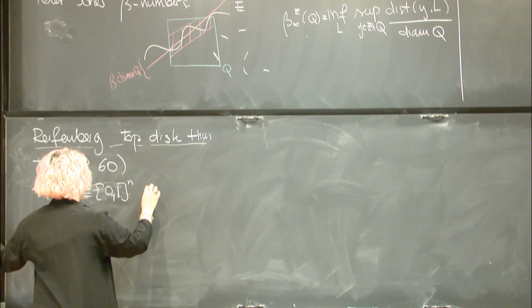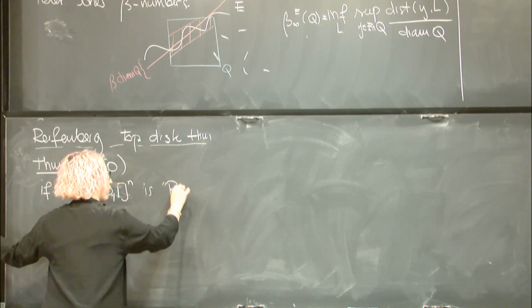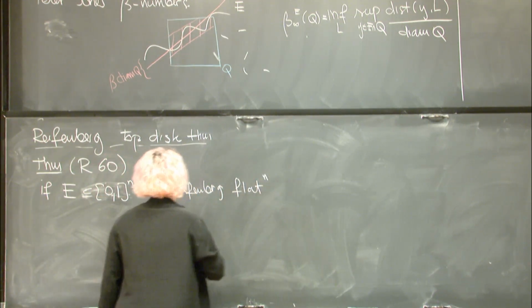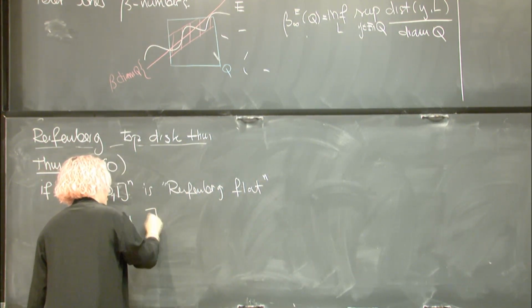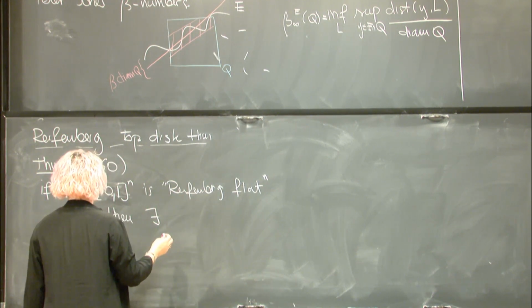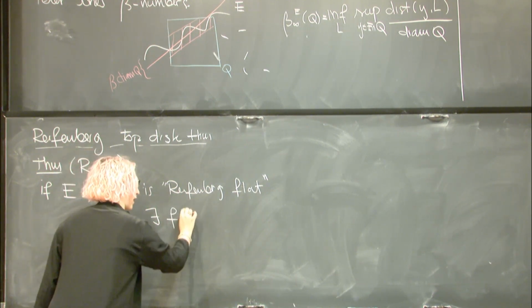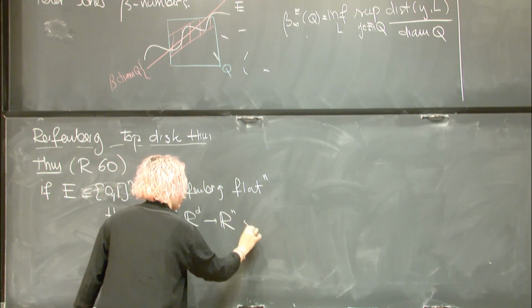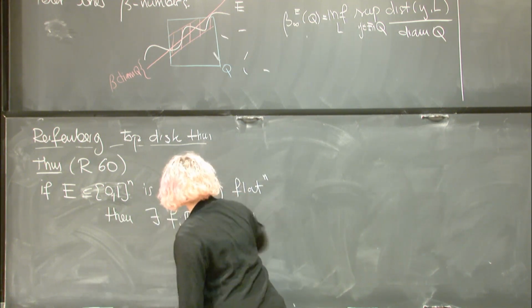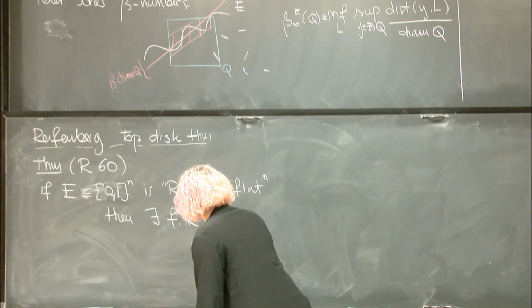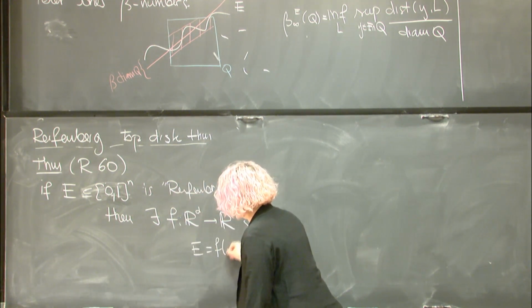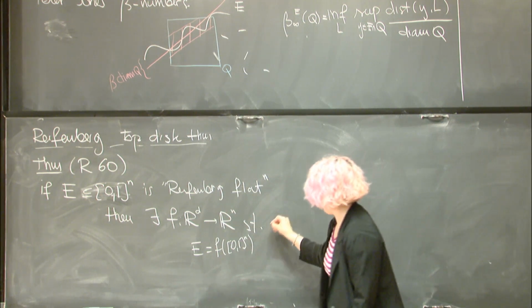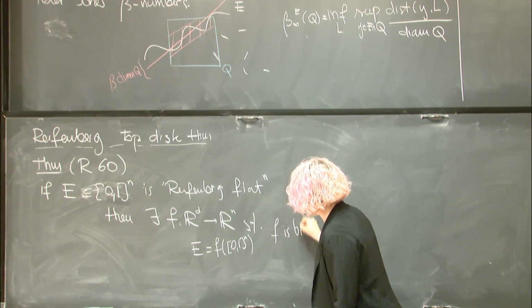If E in [0,1]^n is Reifenberg flat, then there exists a map from R^d to R^n such that E is equal to f of the ball. And f is bi-Hölder.